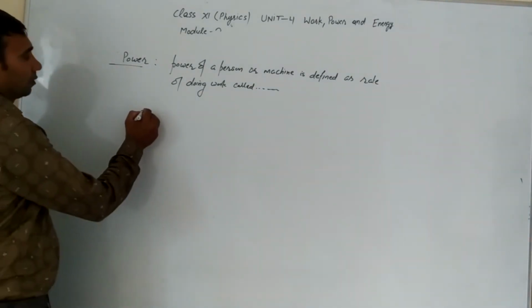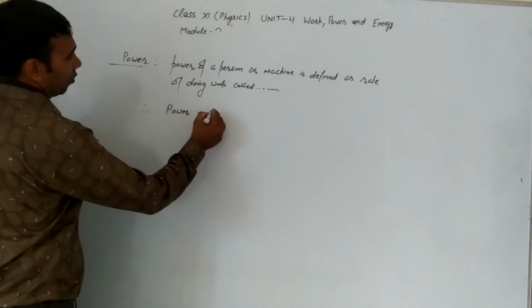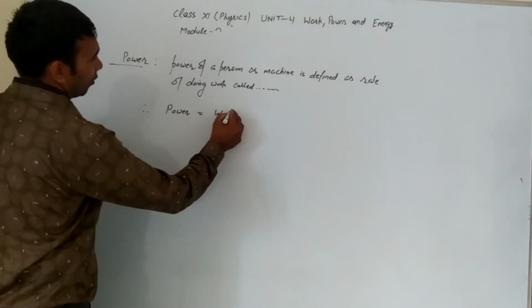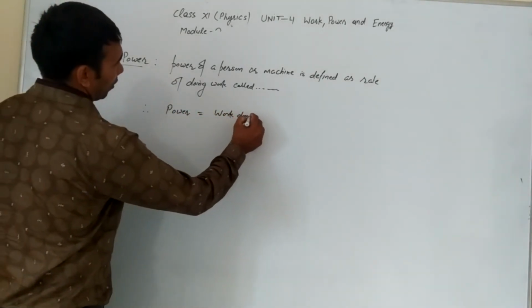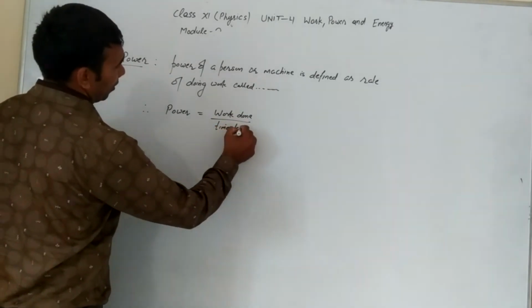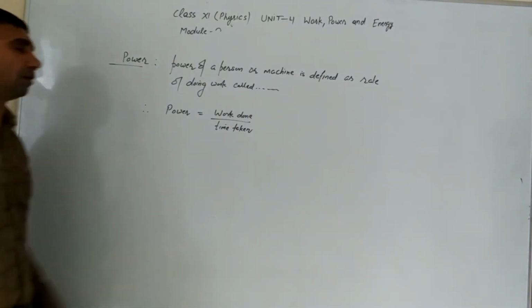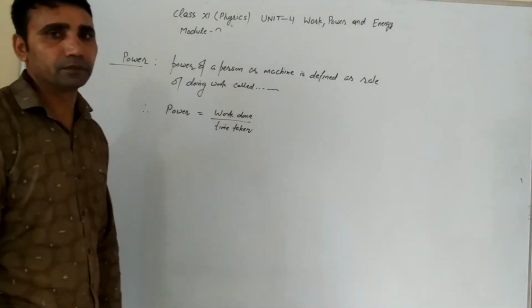Therefore, power is equal to work done divided by time taken. Work done divided by time taken, that is power.